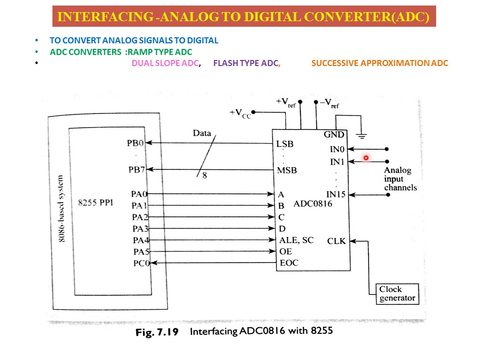After selecting any one of the input channels, it immediately requires a start conversion signal from the 8255 interface unit, which is the control signal required by the ADC converter to start conversion of analog data to digital data.